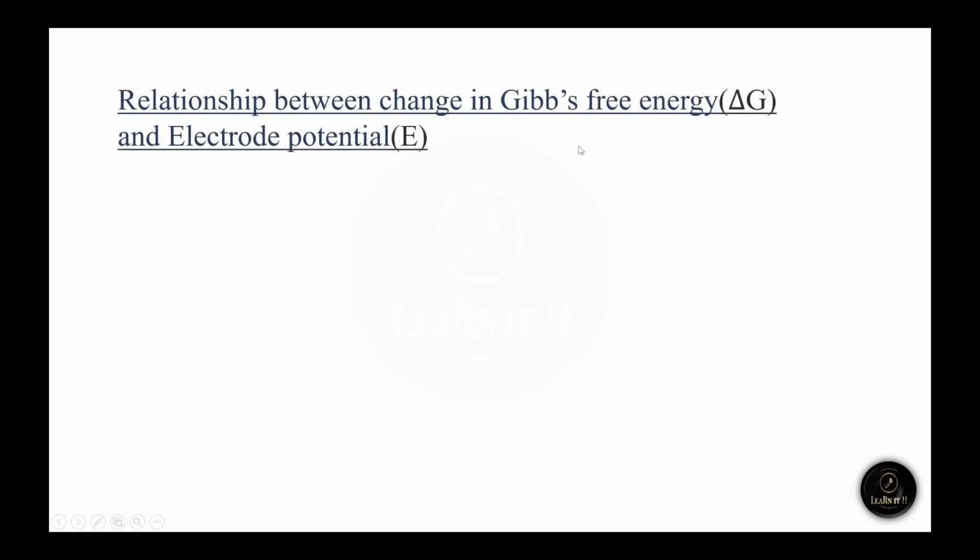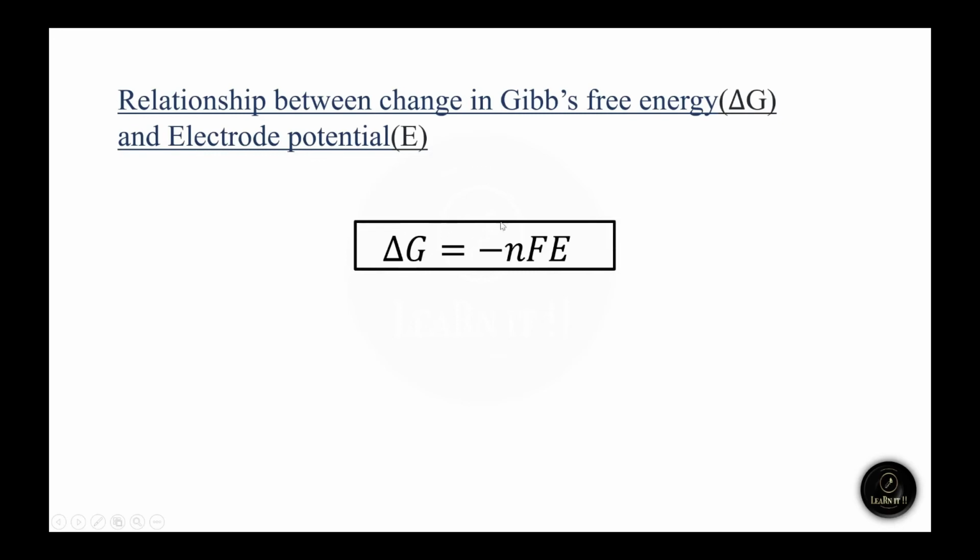The relationship between the change in Gibbs free energy and electrode potential is delta G equal to minus NFE. This is the relationship between thermodynamics and electrochemistry. Here N is the number of moles of electrons transferred, F is Faraday's constant, which is 96,500 coulombs per mole, and E is the electrode potential. I'll make a dedicated video to derive this relationship.